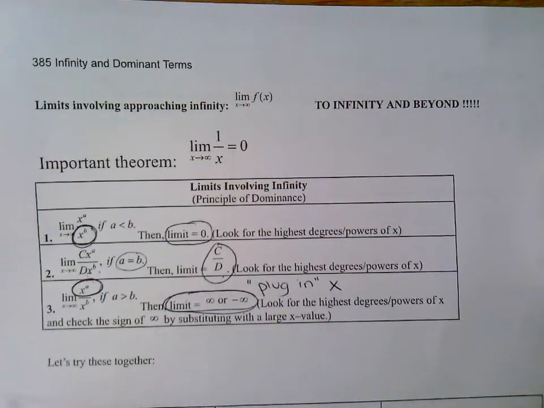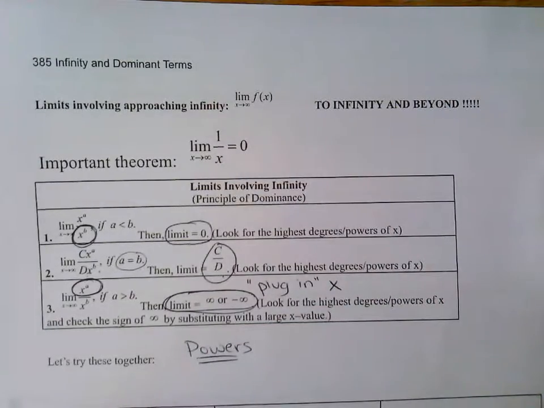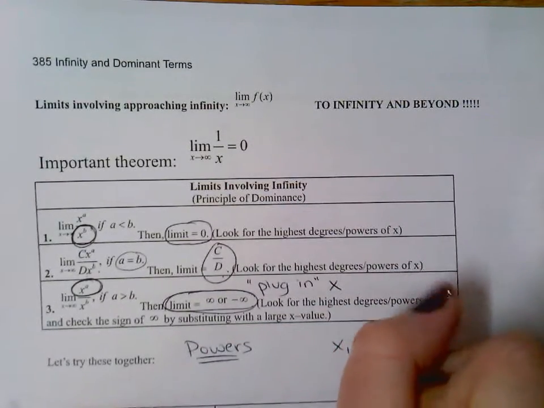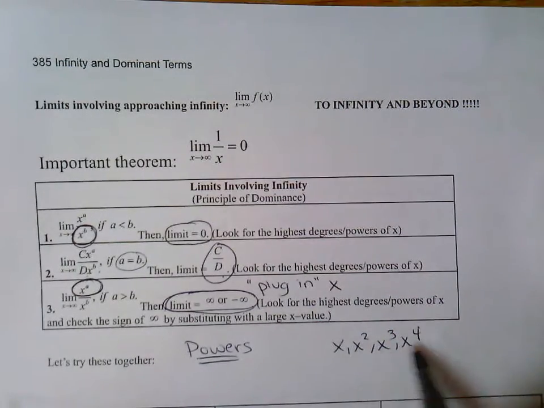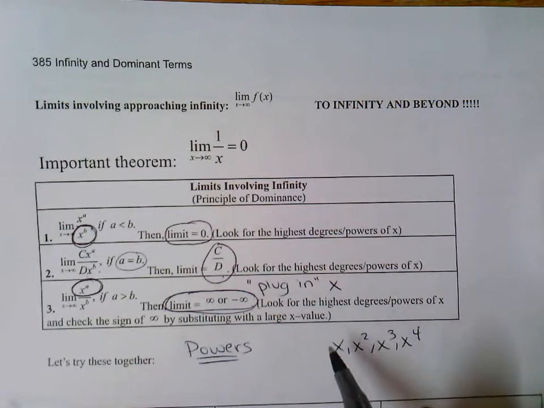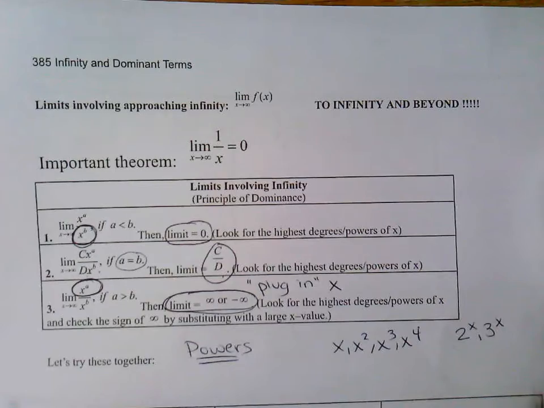The other thing I want to list is the idea of powers. x squared, x cubed, x to the fourth. I think we know how those rank compared to each other, but those are all polynomial functions. You're also going to see some exponential functions. Exponential functions are even bigger than polynomial functions, so they will always win in a power fight.